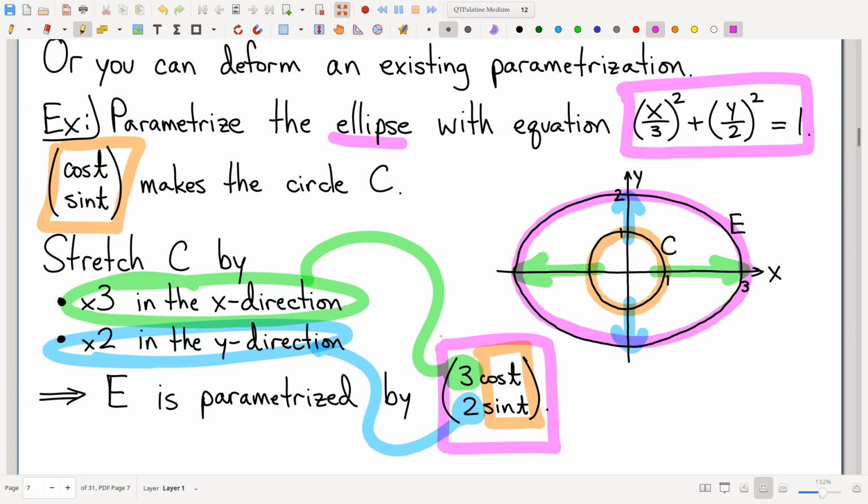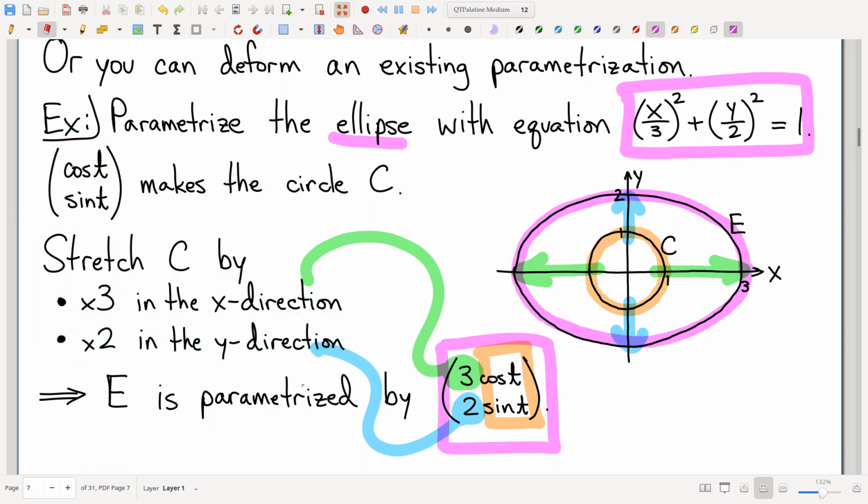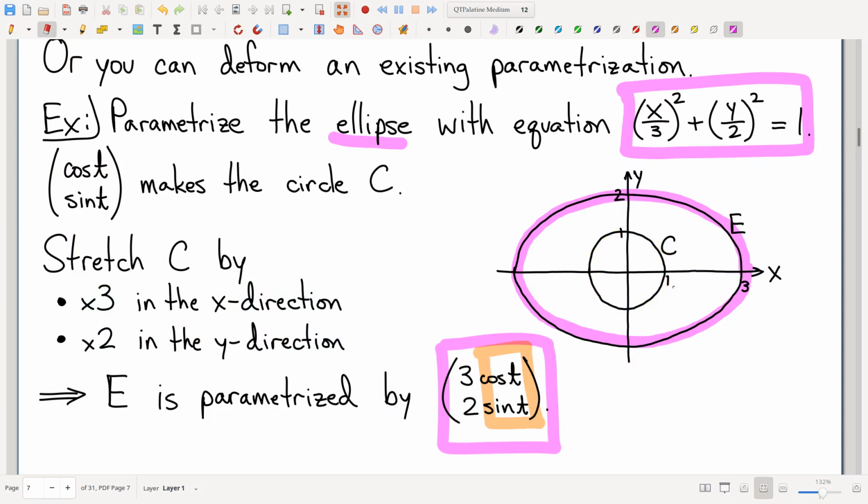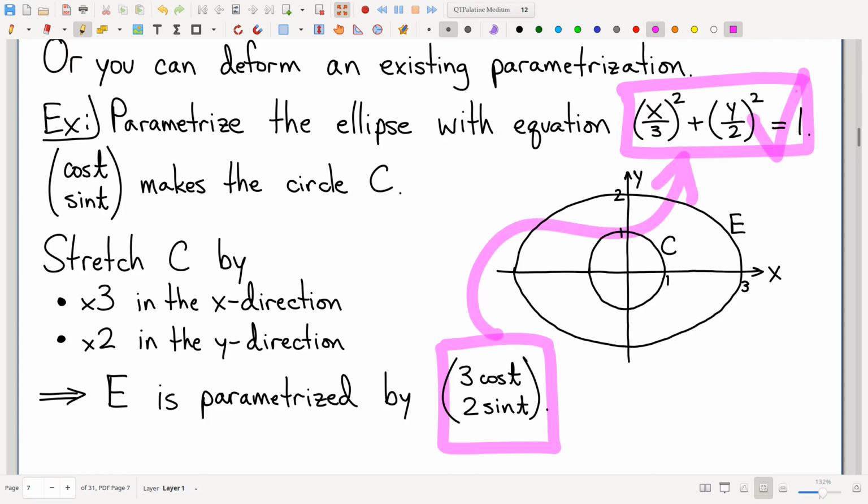If you're a little suspicious that maybe that was presuming too much, let me point out that this is easily double-checked, because I can just take this parameterization that I've concluded and plug it in, and sure enough, it works. Every point on this parameterization satisfies that equation, and therefore this is a parameterization of that ellipse. Everybody good? All right.